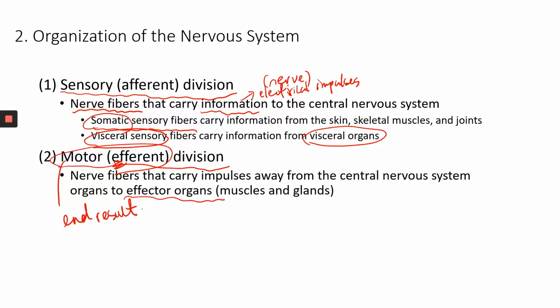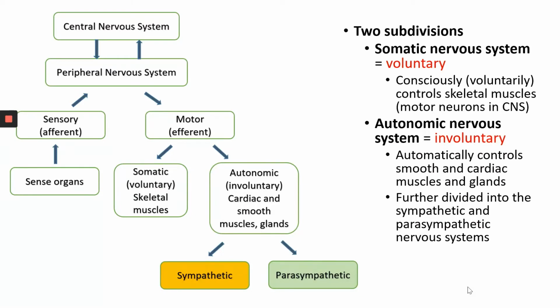Now, in terms of the general functions, right, not specific structures. Okay, we just mentioned the sensory and motor. Here I have a flow chart that shows you a quick overview of the different divisions in the nervous system. Okay, so let's look at the overview, and then I want to talk real quick about the two subdivisions of the motor division. Now, if you just look at the nervous system, there are two main components.